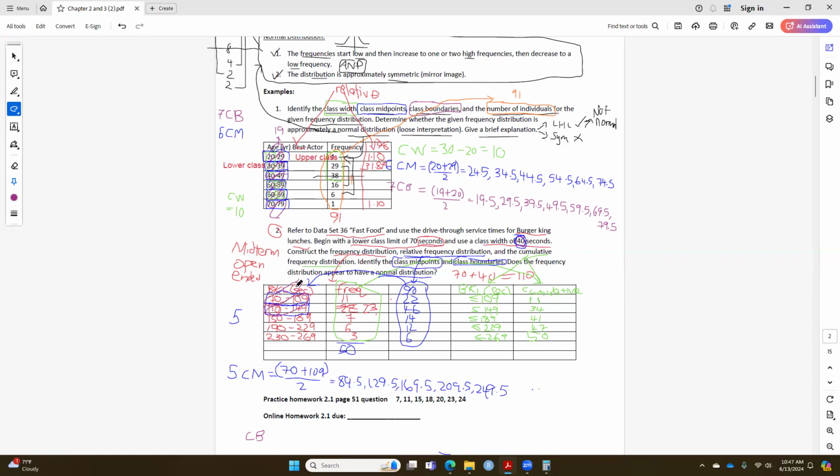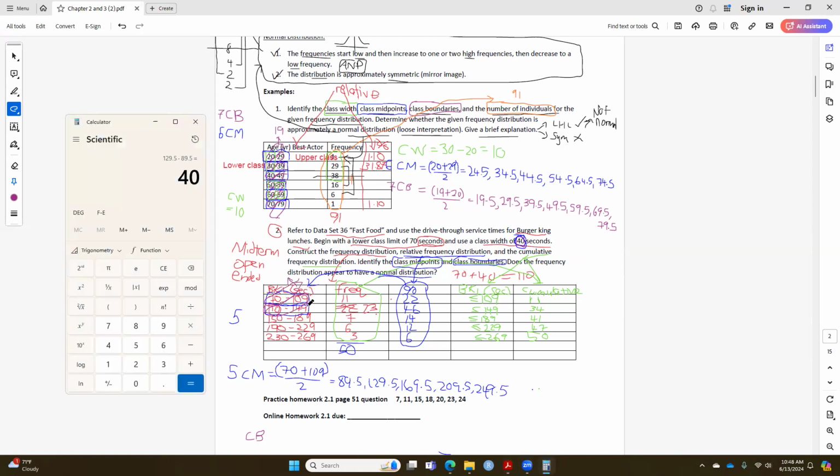So you have to figure out what number is right before 70. You know that in the upper class limits, they all have a difference of 40. So you can take the 109 that you have, the first upper class limit, and subtract 40, because 40 is the class width here.